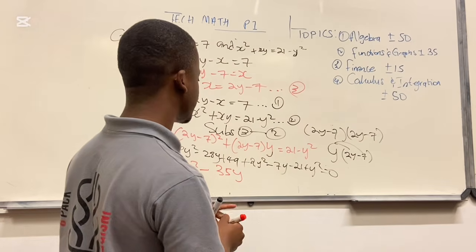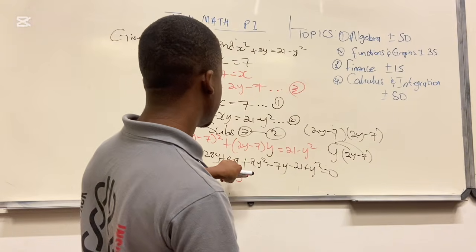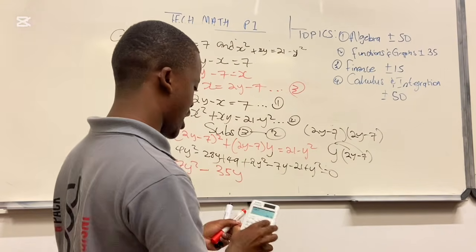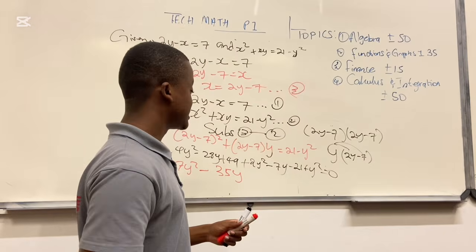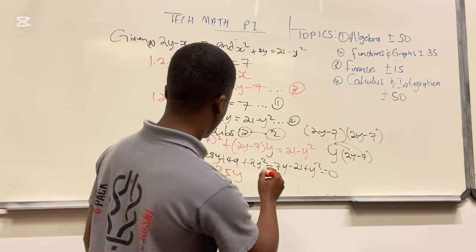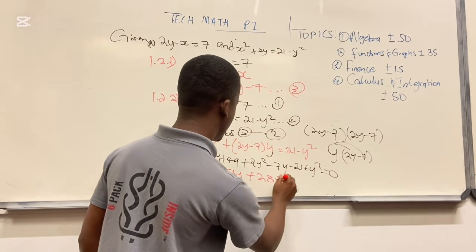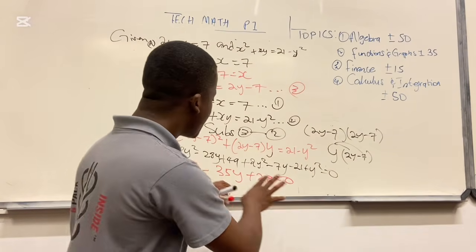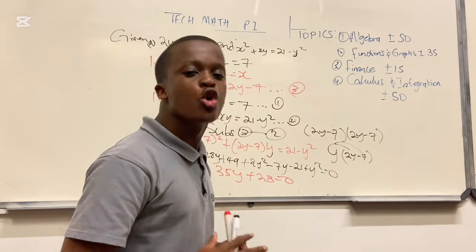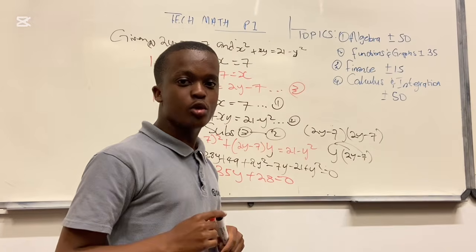Then you add your constants: 49 minus 21, which is positive 28, is equal to 0.